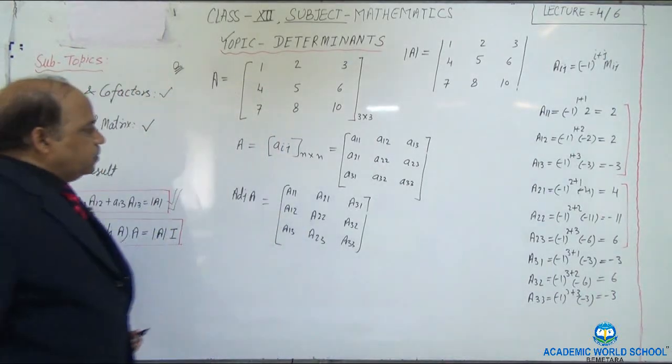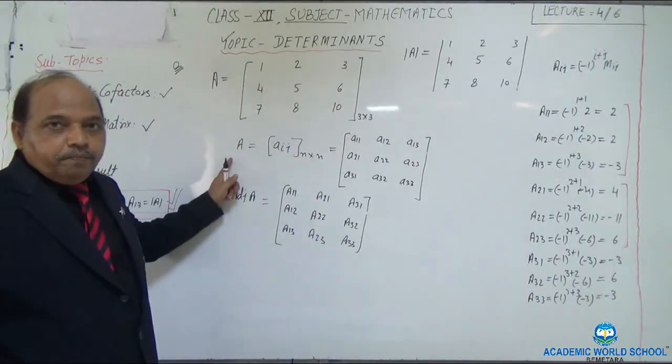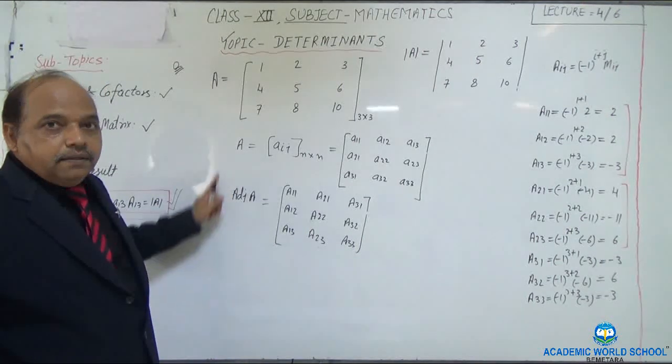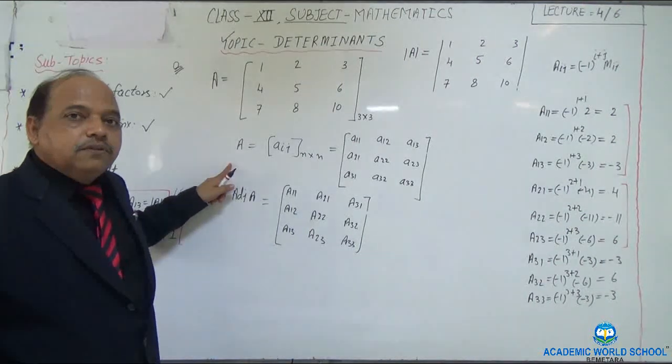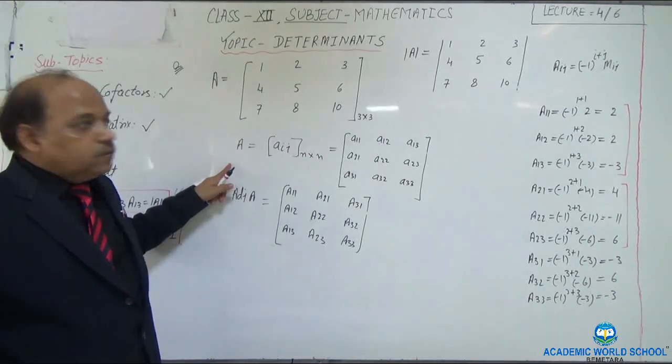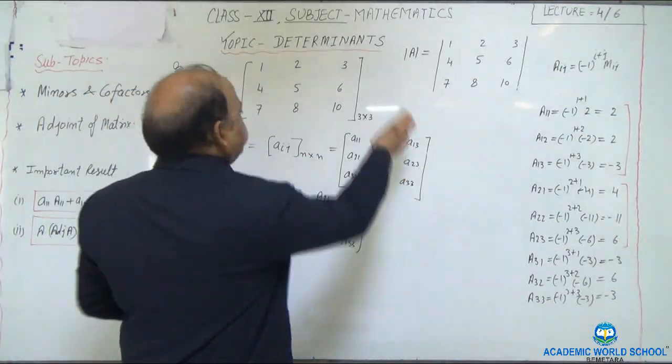Now I want to multiply these two. Please understand, when I multiply, the rule is row by column.